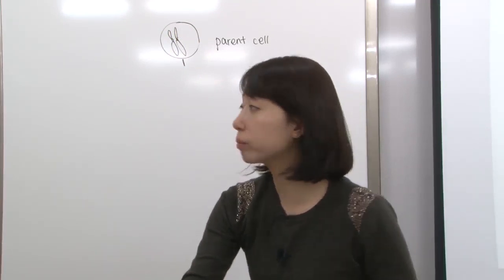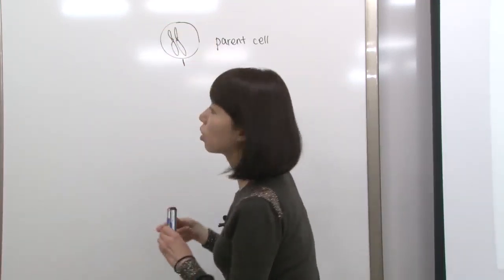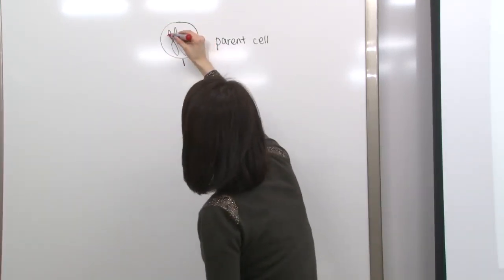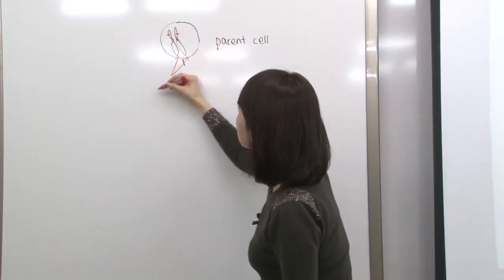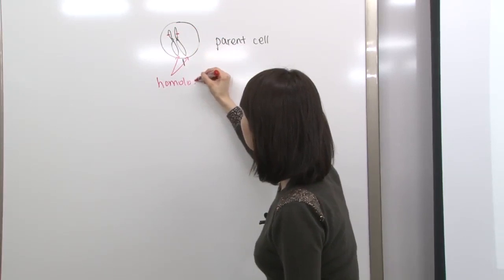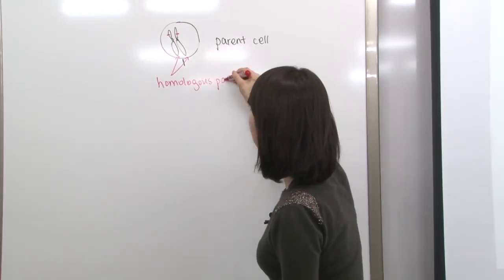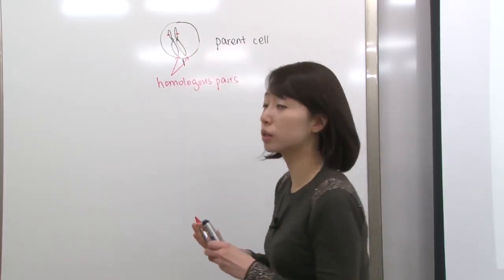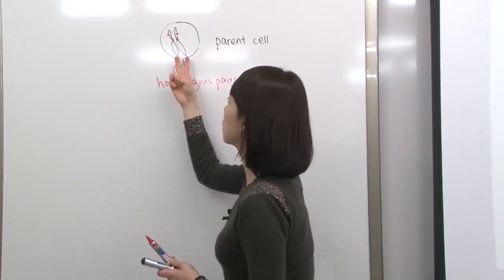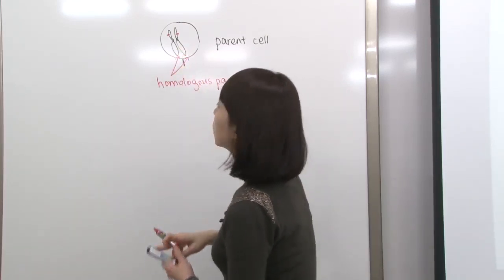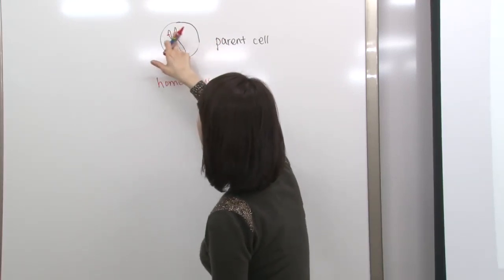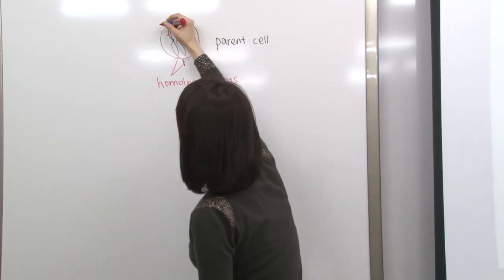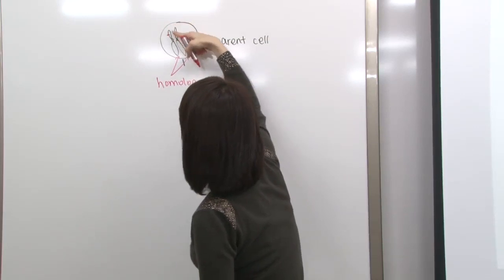So here, at a special location on the chromosome, we're going to have this gene. Remember, homologous pairs are similar chromosomes that contain the same kind of information, but specifically they carry different versions of it.